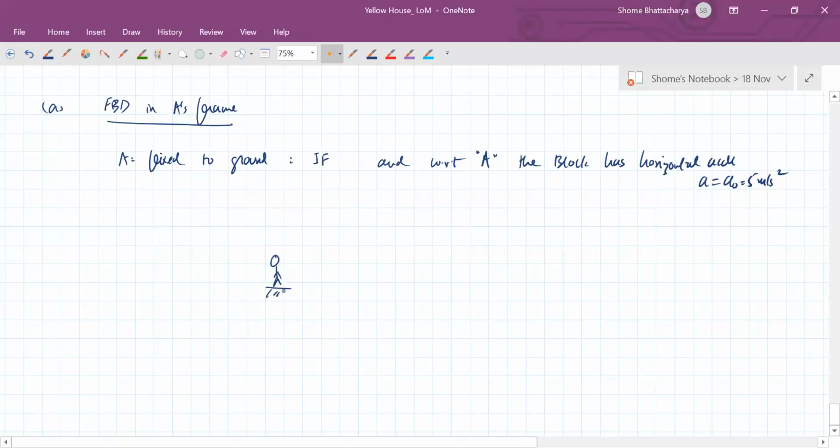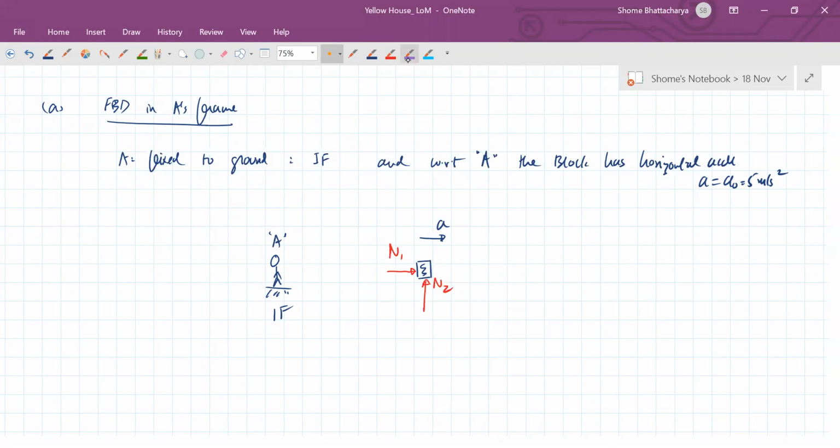So according to this observer A, who is an inertial frame, the block itself is having horizontal acceleration, and the forces acting on it are one normal reaction like this, another normal reaction like this.